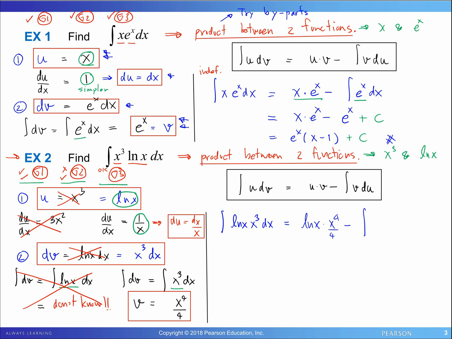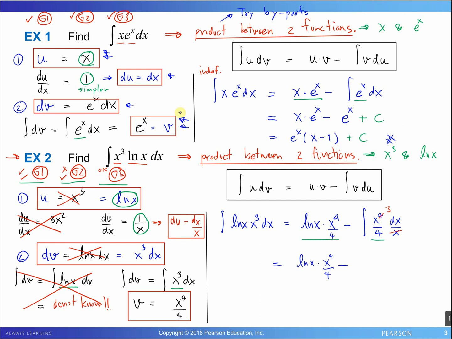v is x to the fourth divided by 4, and du is dx divided by x. Let's cancel these two, x right here and 4. So we have x cubed instead. Let's evaluate this. Equal to, the first term still the same, so we have ln x times x to the fourth divided by 4, minus, now we have to find the antiderivative of x cubed divided by 4.